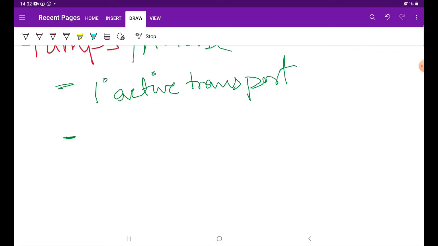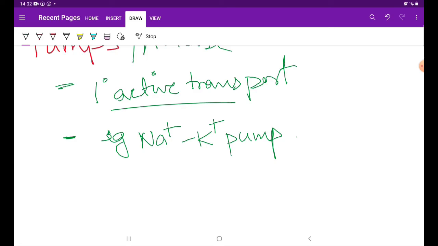In secondary active transport, ATP is not utilized directly, but in primary active transport, ATP is utilized directly. The example for this is the sodium potassium pump. Just keep it in mind.